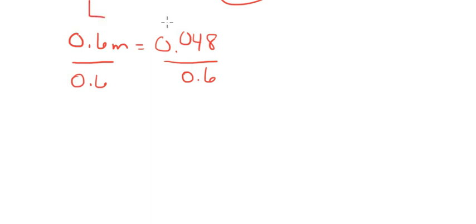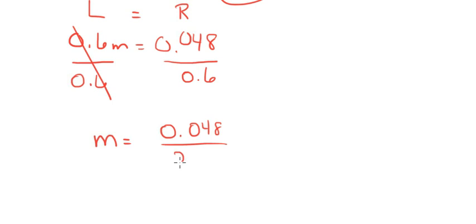This is my left side. Here's my equal sign. Here's my right side. When I divide both sides by 0.6, Peter, what happens on the left side? Okay. And then over here, I'm going to have m equals 0.048 divided by 0.6.